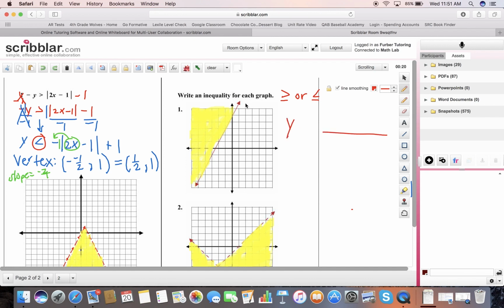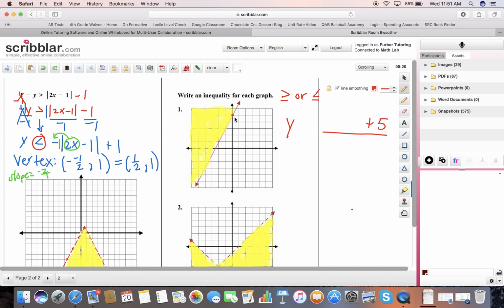Y equals, let's look at this linear equation. If I look at where it touches the y-axis, it crosses right there at 5. So I know that plus 5 is my y-intercept. Now I just have to figure out what the slope is.